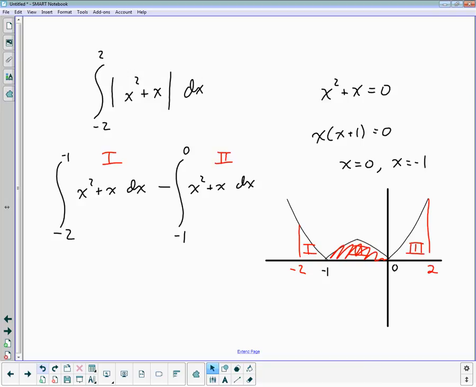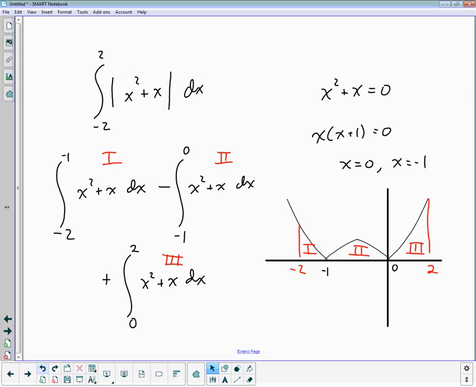So that's region 2. And then finally region 3. I just pulled the sign out. The absolute value just makes everybody positive.